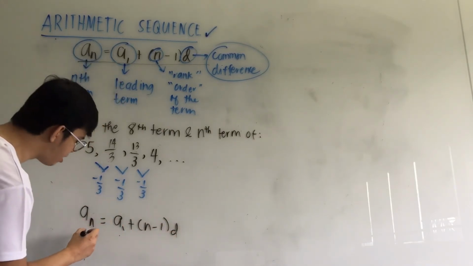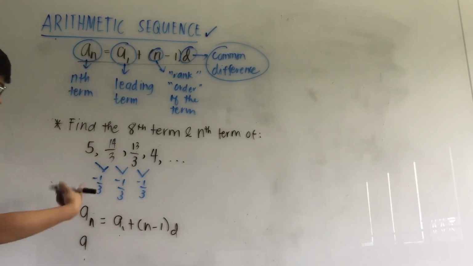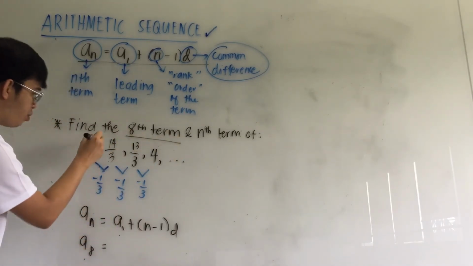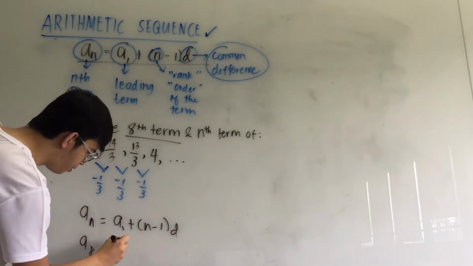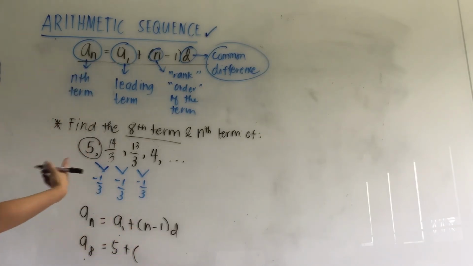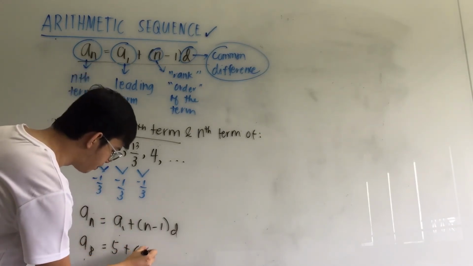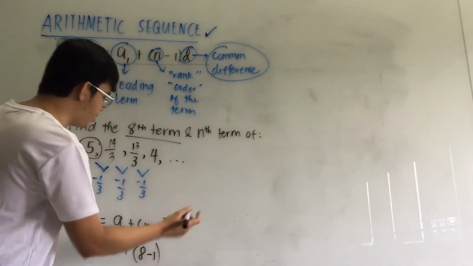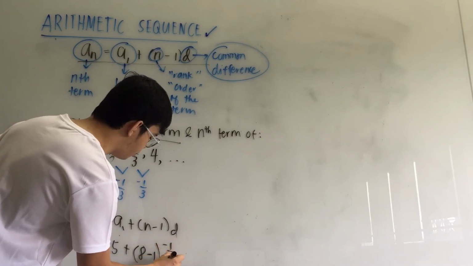This becomes a sub 8 because we're looking for the 8th term equals a sub 1, here is 5, plus your n here is actually 8 because we're looking for the 8th term, minus 1 times the common difference, which is negative 1/3.